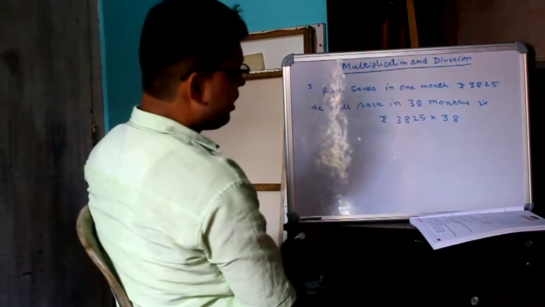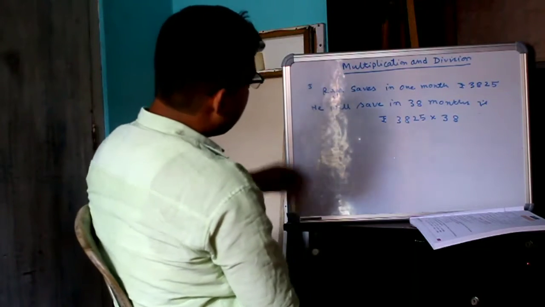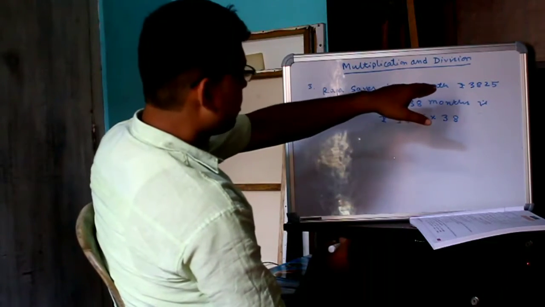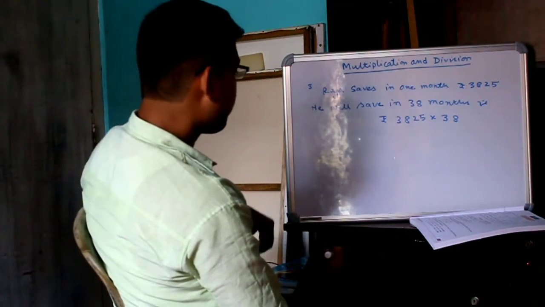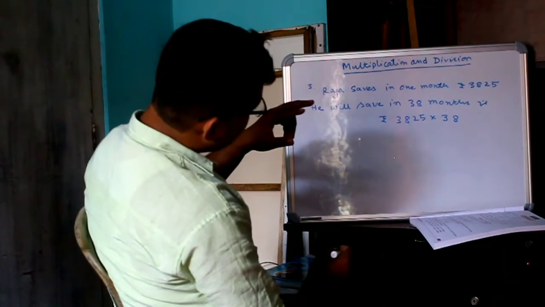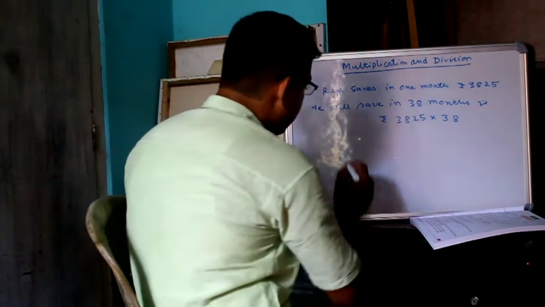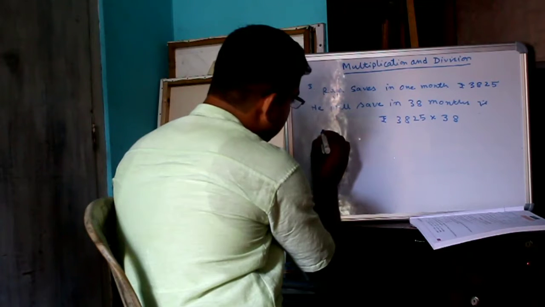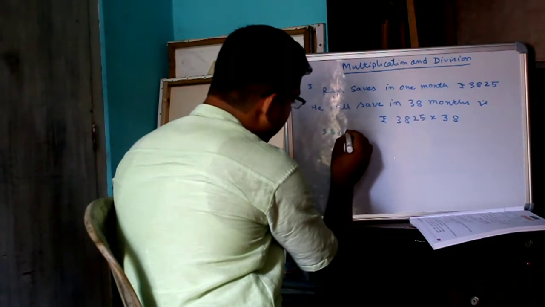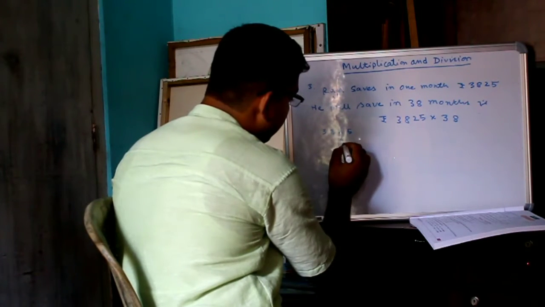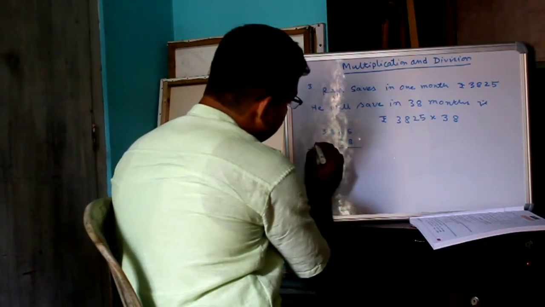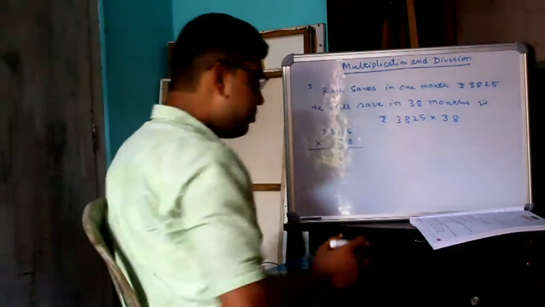So if we multiply this, Raja saves in 1 month rupees 3,825. He will save in 38 months is, so side work, 3,825 into 38. Just multiply simply.